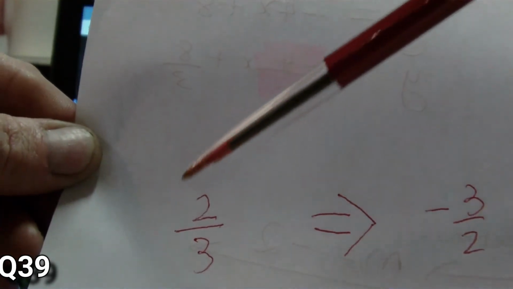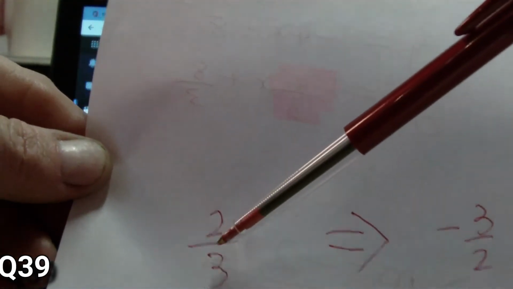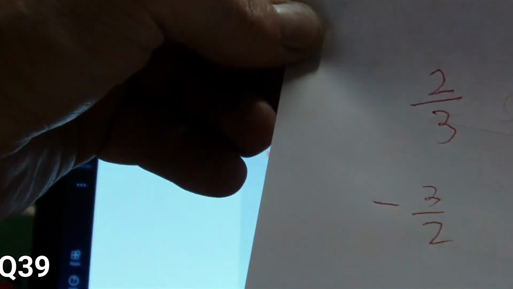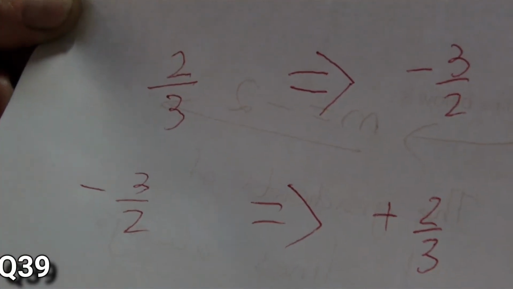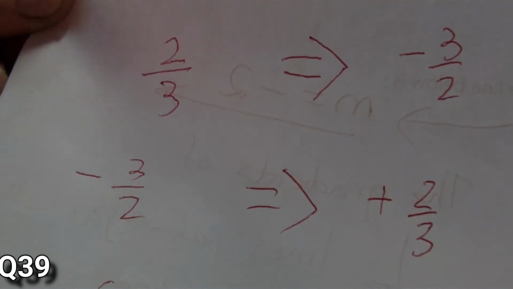You see? So a line with this gradient will be perpendicular to another line with that gradient. What happens if your gradient is negative 3 over 2? What will the gradient of the perpendicular line be? Again, flip it upside down and change the sign. Positive 2 over 3. Don't forget to change the sign, always.